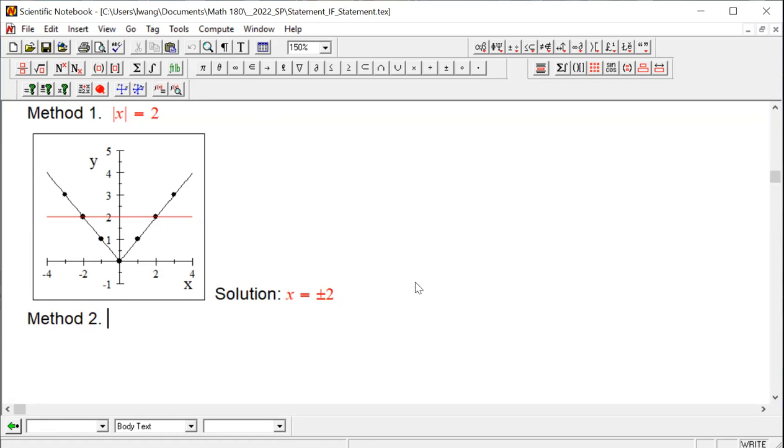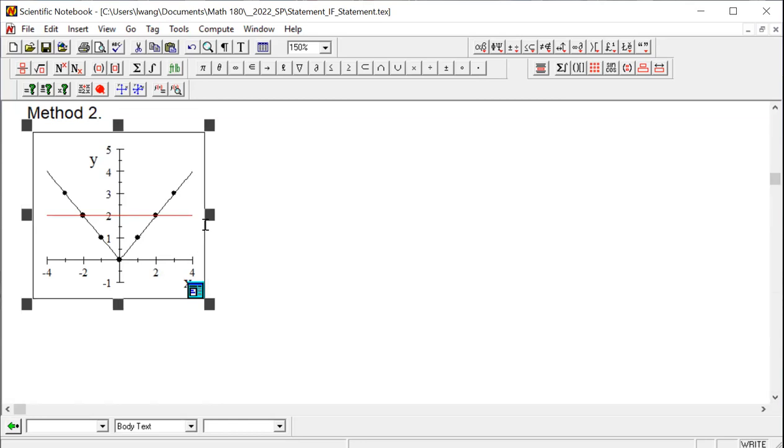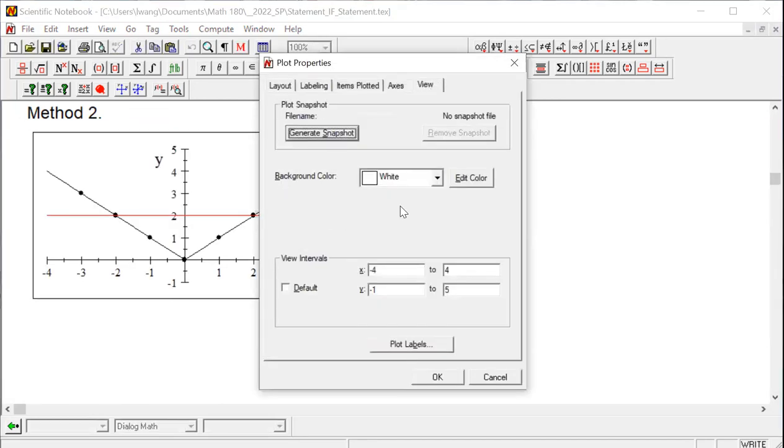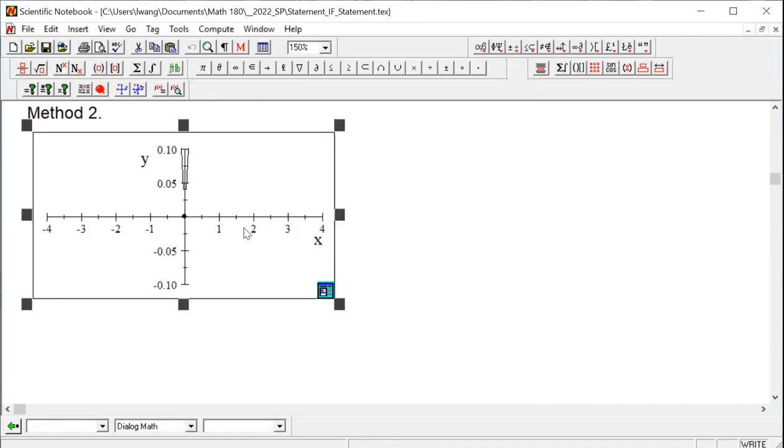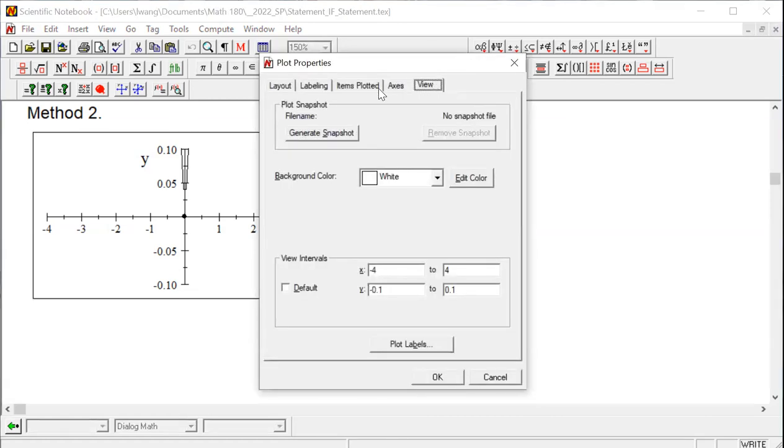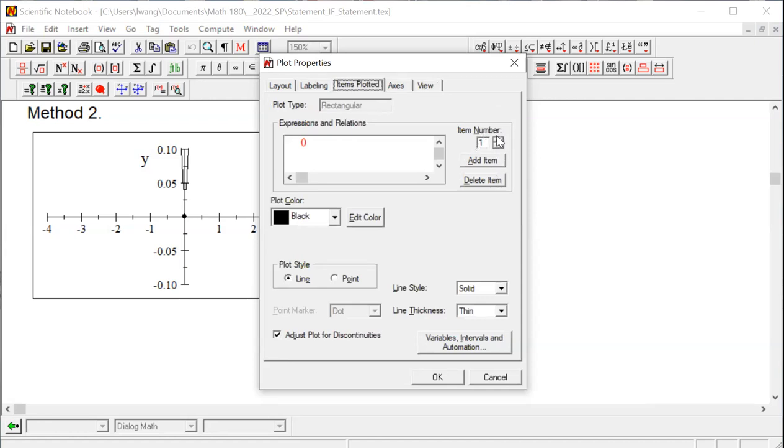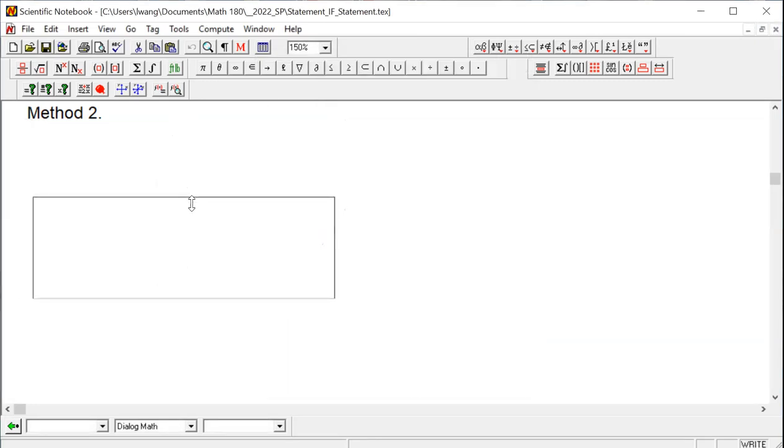I'm going to draw the number line. Okay, so this is my number line.